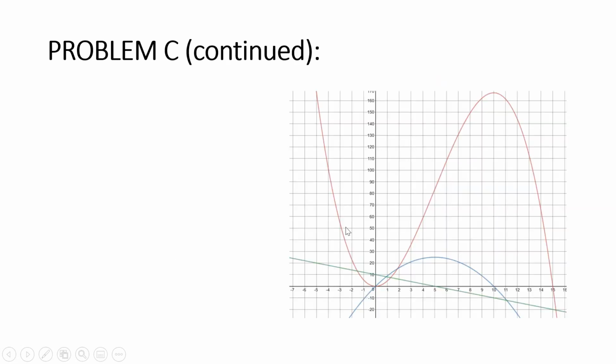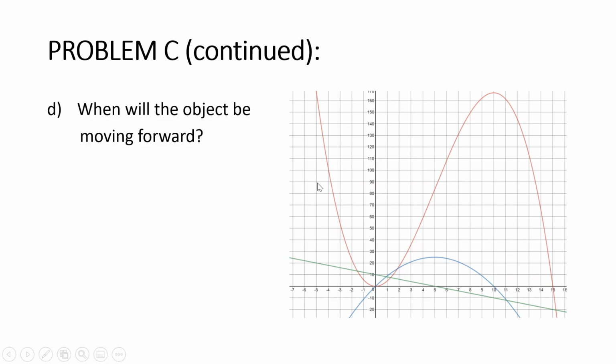Now, let me try to put this in some perspective with the same kind of diagrams that we had with Mr. Salman Khan. When will the object be moving forward? Now, the red line, let me label them. The red line, I put it over here.